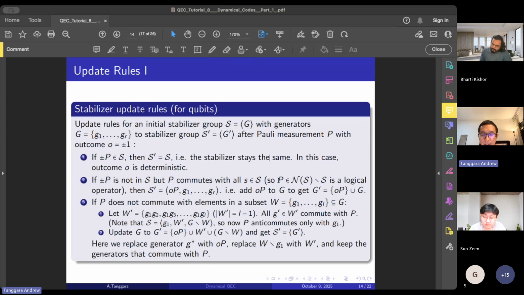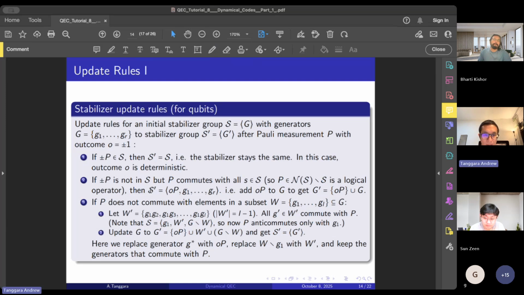That means P is in the normalizer, or equivalently the centralizer, of S, but it's not a stabilizer itself. That means we measured a logical operator. This P basically is a logical operator.